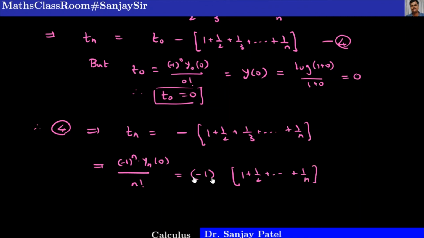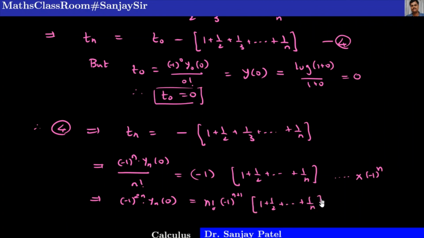Okay, multiplying both the sides of this equation by minus 1 raised to n, what we get is minus 1 raised to n into minus 1 raised to n gives you minus 1 raised to 2n into yn 0. This n factorial I am taking on this side, and here if you multiply by this, n factorial into minus 1 raised to n plus 1 into 1 plus 1 by 2 up to 1 by n.